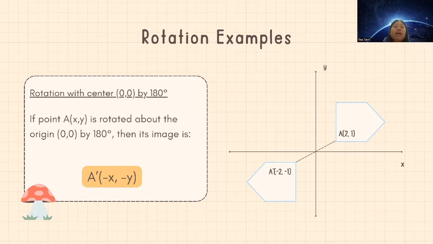Finally, for 180° counterclockwise: if a point (x, y) is rotated about the origin by 180° counterclockwise, then its image is (-x, -y). This is like flipping the point completely from the origin to the opposite side.